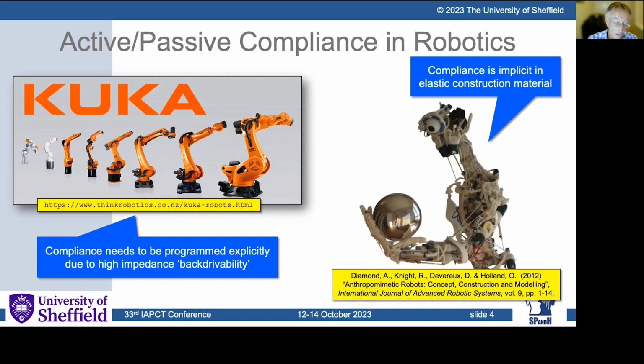But it can be programmed, so the robot can be made to exhibit compliance, even though the materials it's constructed from don't have it. So that's a very interesting contrast between essentially a living system's capabilities and the non-living system.